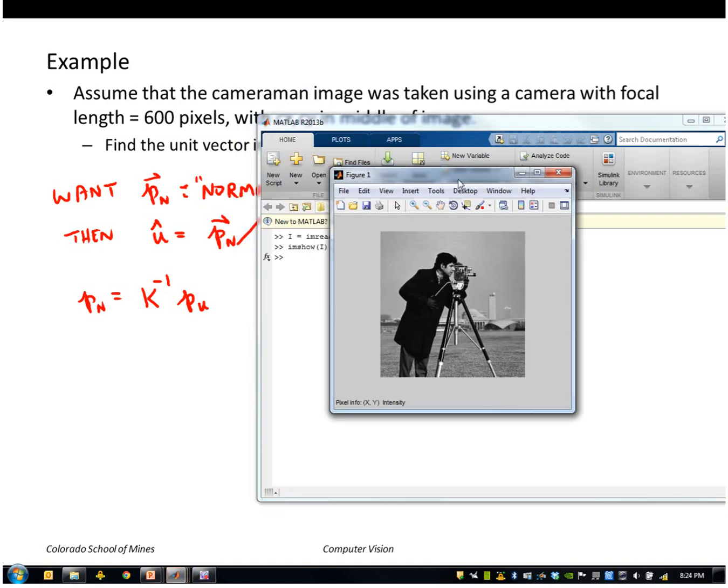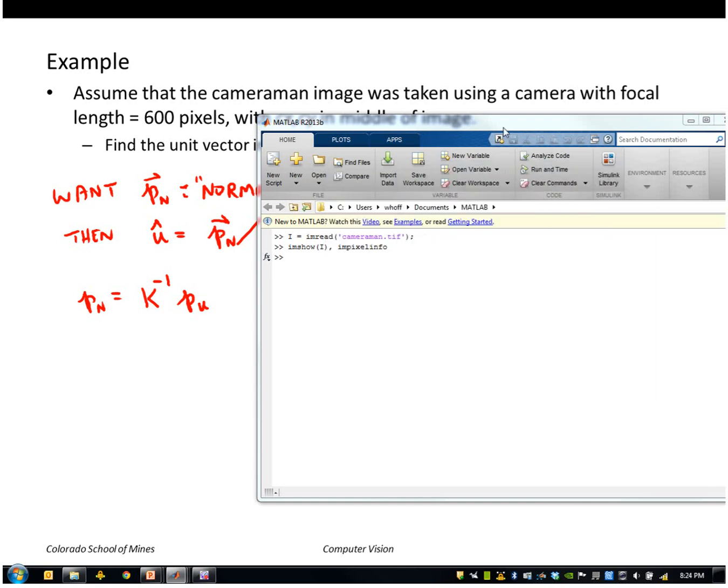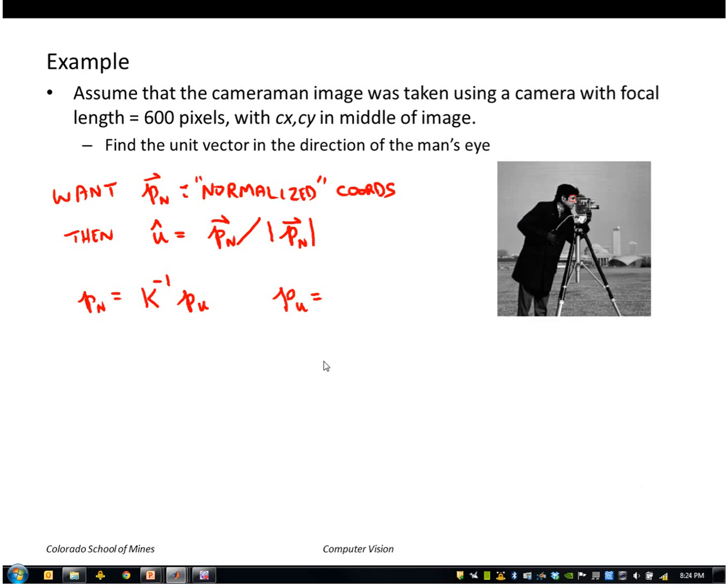Okay, so that's approximately 126, 61. And in homogeneous coordinates, that would look like this.